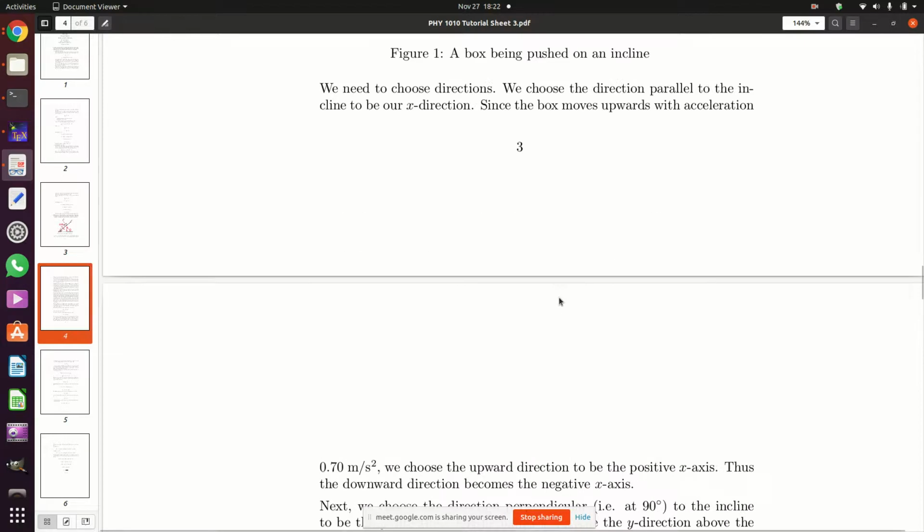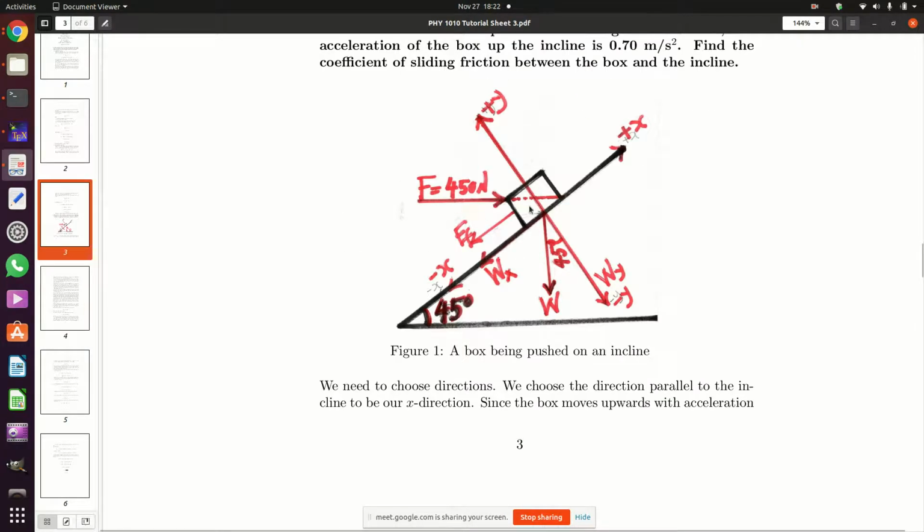The x component of the force, as you can see from this diagram, is going to lie along this direction. The y component of the force is going to be pointing down.